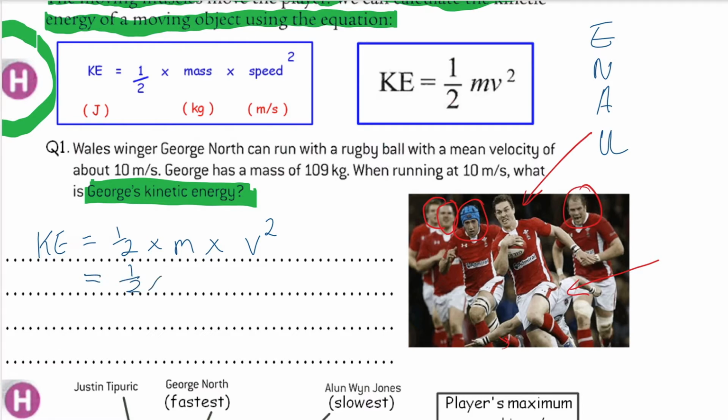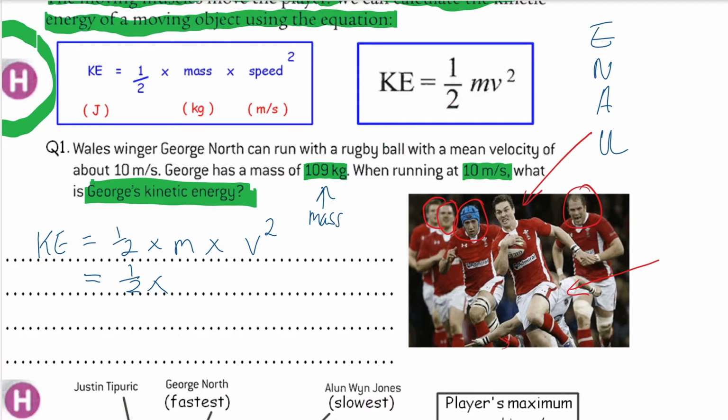So half, where's his mass? Remember, underline or highlight the important bits of information, which are almost always the numbers. There's the mass and there's the velocity. I meant to say mass, I think I just said height.